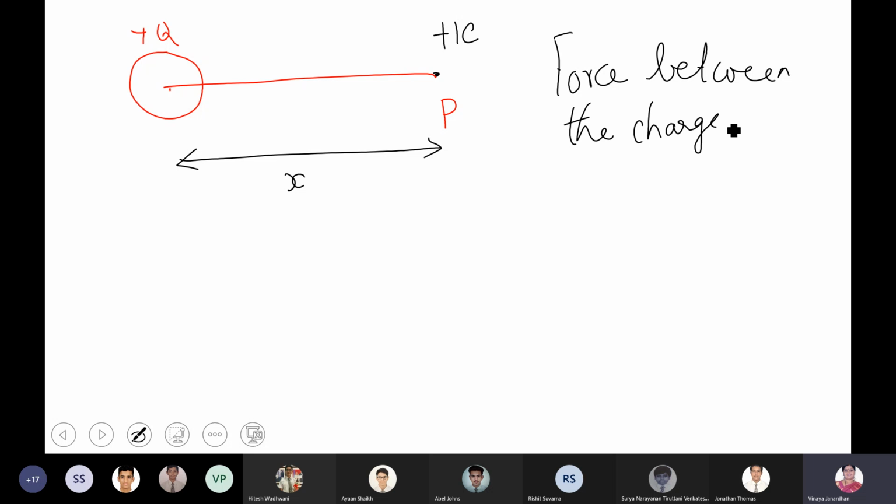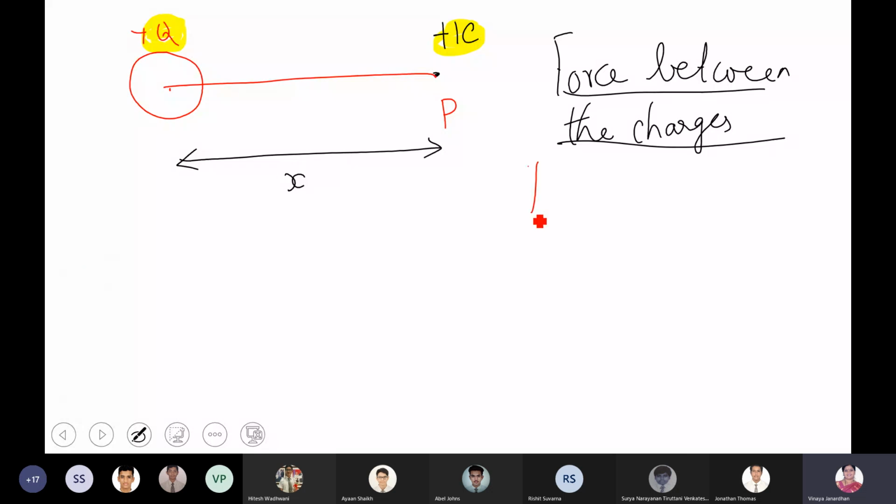Kritya, what is the force between the charges? One is plus Q coulomb, the other one is plus 1 coulomb. What is the formula for the force?